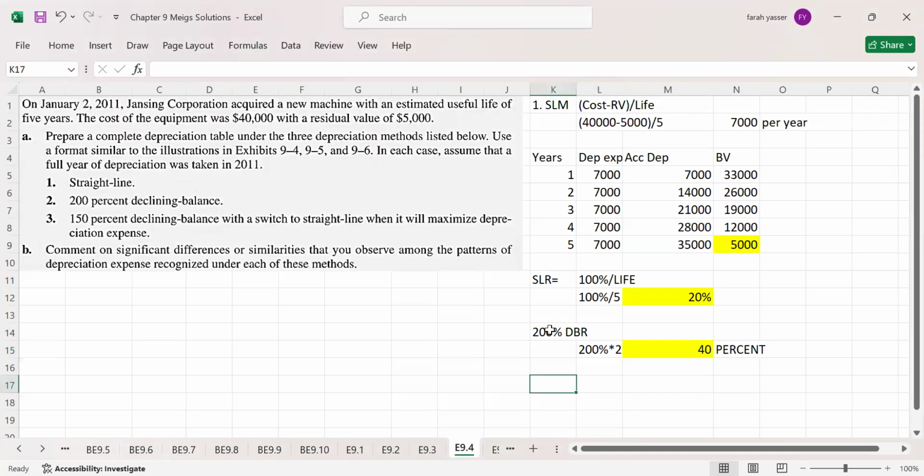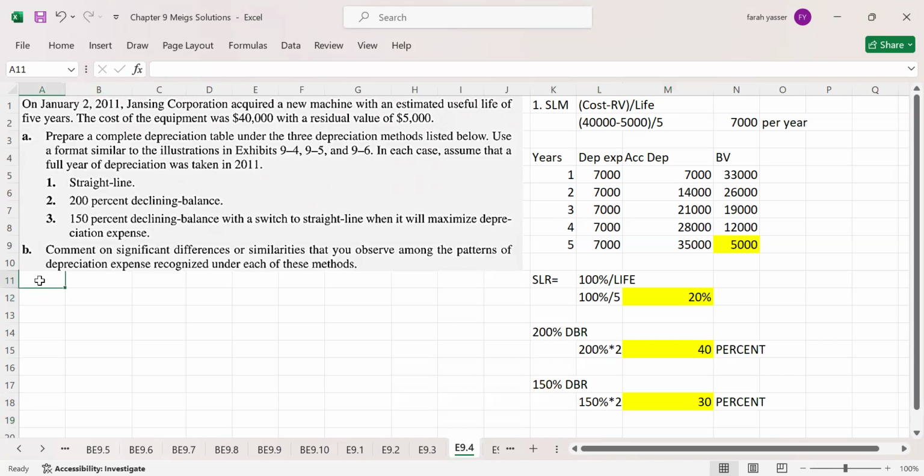Then we will repeat the same steps for 150%, which is 30%. Now the declining balance rate is 30% in the case of 150 percent declining balance.